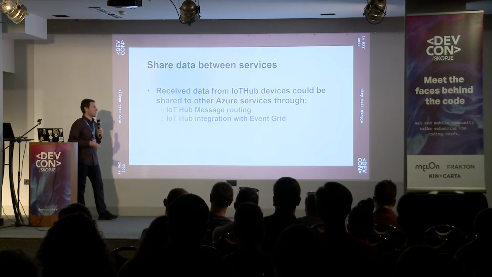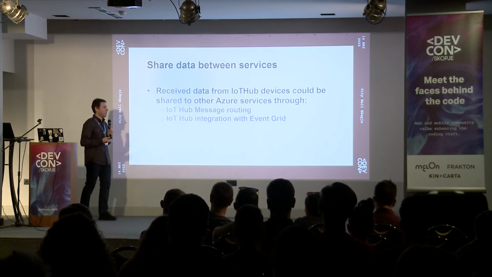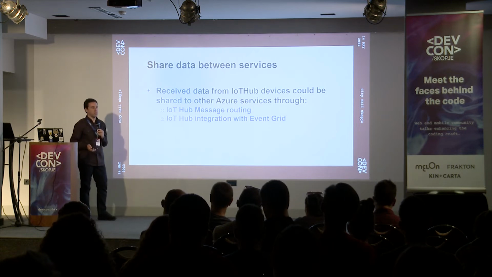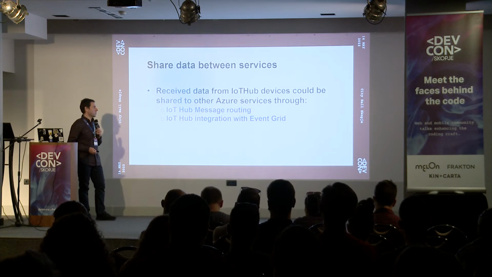Every service and feature we mentioned here could later, on the cloud side, be connected with other Microsoft services like message routing or Event Grid. So later you can do everything you want on the backend side with the data you have.